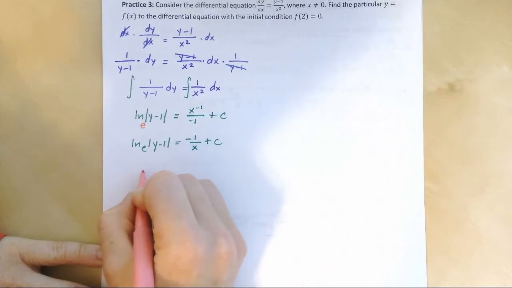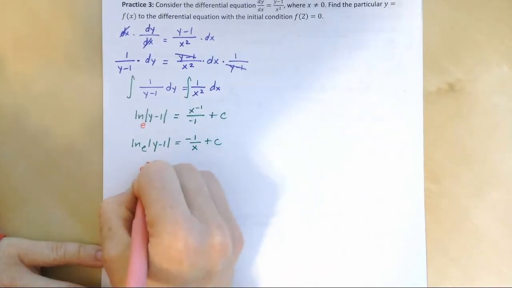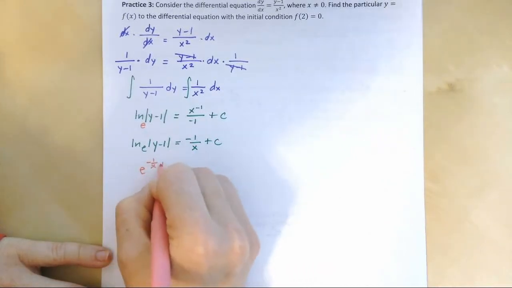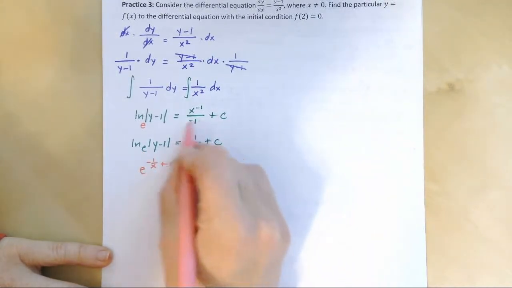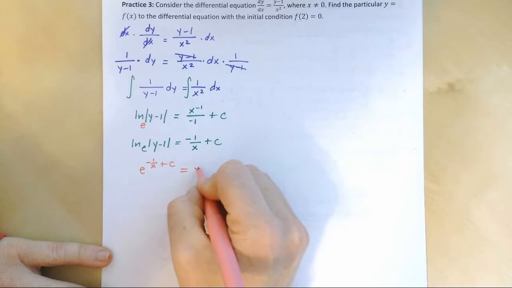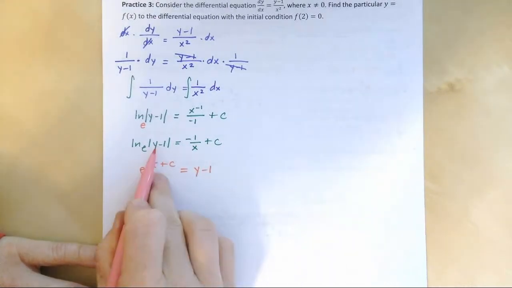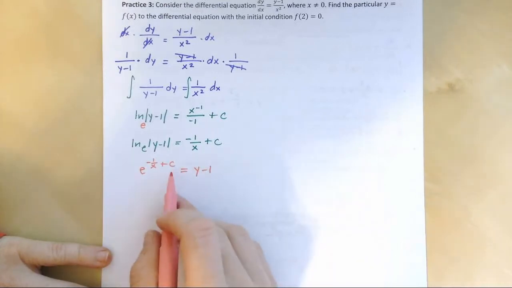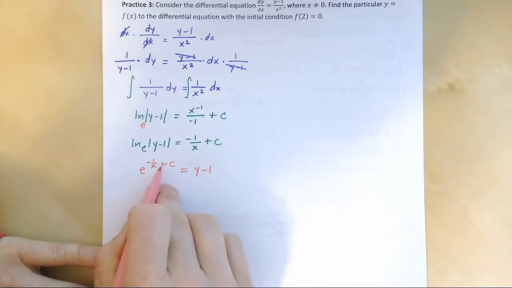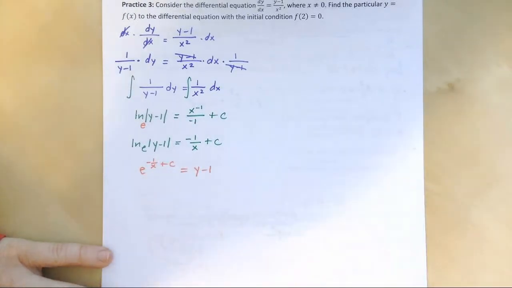So we have e to the negative 1 over x plus c equals y minus 1. I dropped the absolute value bars because e to an exponent is going to be positive. Okay.